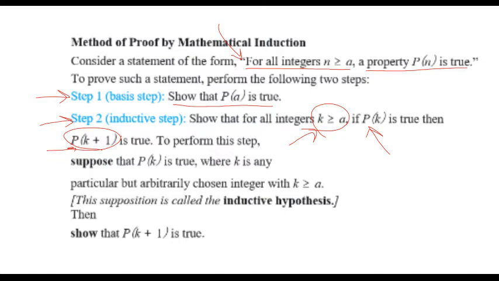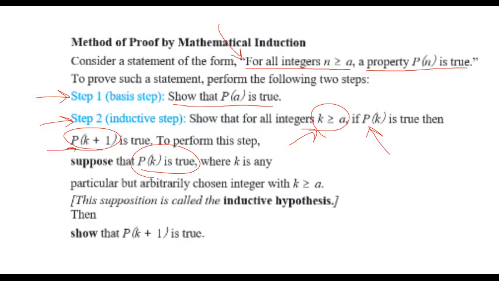So to prove the second step, which we call the inductive step, we have an assumption which basically says P of k is true, right? Because as I said, we are dealing with a universal conditional statement, and in the conditional statement, the condition is P of k is true, right?